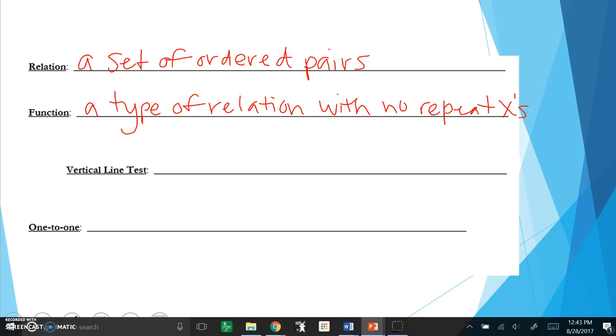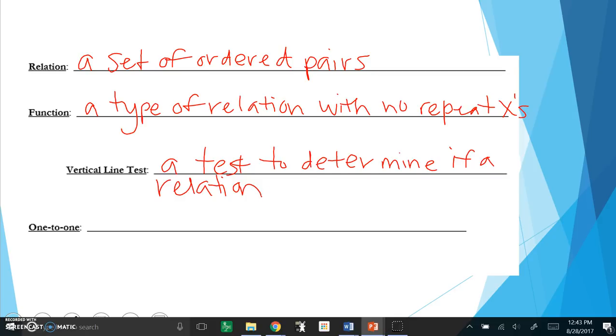Then you do the vertical line test. So it's a test to determine if a relation is a function by dragging your pencil across, seeing if it touches twice.